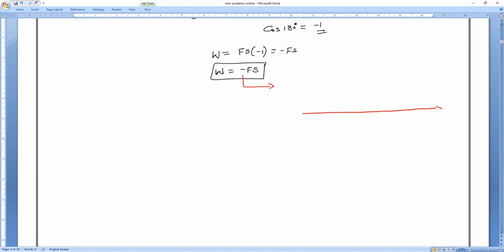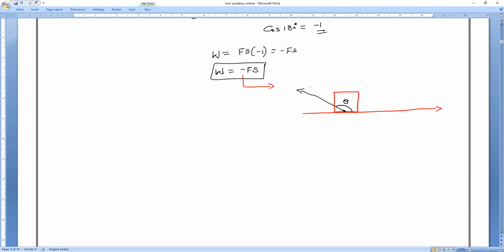So for example, imagine there is an object. Now I am applying a force with an inclination. See that theta. Theta is more than 90 or less than 90? More than 90.